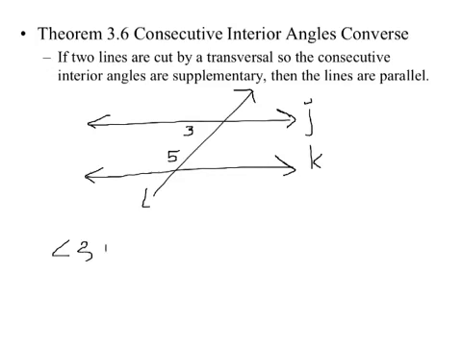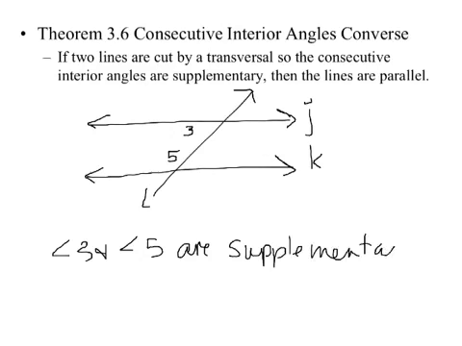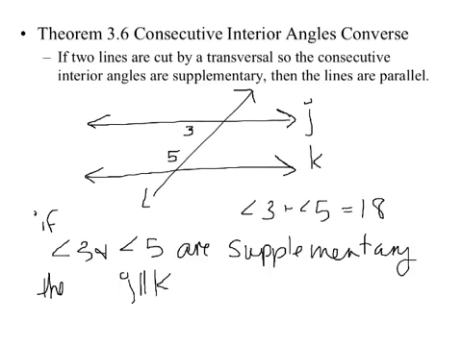So angle 3 and angle 5 are supplementary. So if 3 and 5 are supplementary, then J is parallel to K. Remember, that means that angle 3 plus angle 5 has to equal 180 degrees.